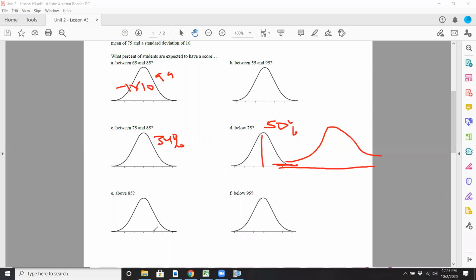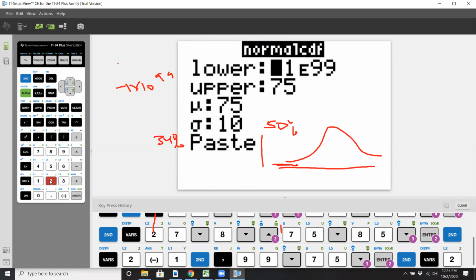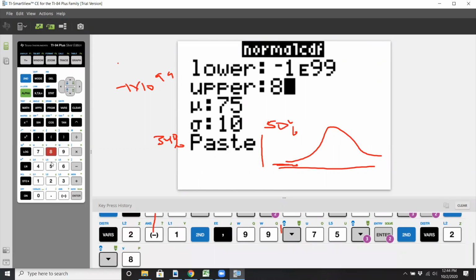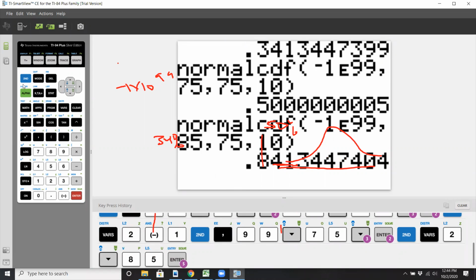What about the other ones? Like here's 85, here's 95. So again, I could just use the graph calculator and just hit second distr, option 2, make that 85, paste to get 84, do it again.